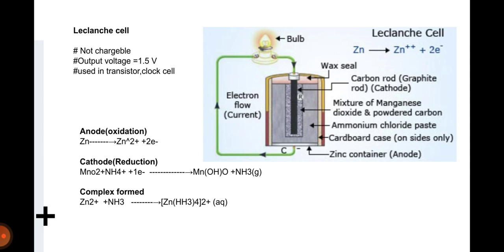This ammonia gas has to be controlled, because it makes the reaction exothermic, hence this gas should not come out of the reaction. We take it to react again with zinc and form a complex, Zn(NH3)2 2+, in aqueous solution.